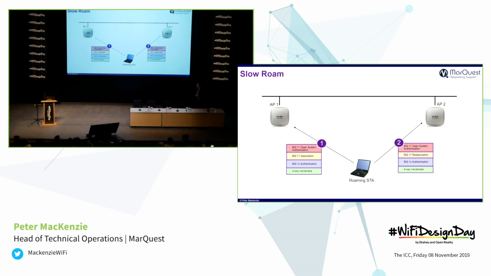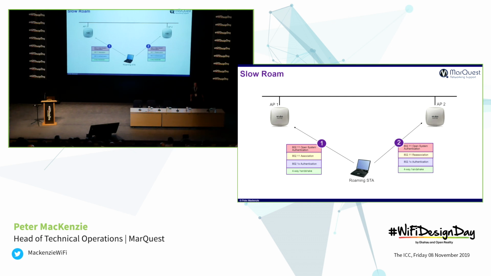It will do open system authentication, 802.11 association, but this time it does a reassociation because it's moving from one AP to another AP. And part of that process in that reassociation request frame is the client is going to say, hey, to AP2, I was connected to AP1. So it includes the MAC address of the AP it was connected to. That's one of the main differences between an association frame and a reassociation frame.